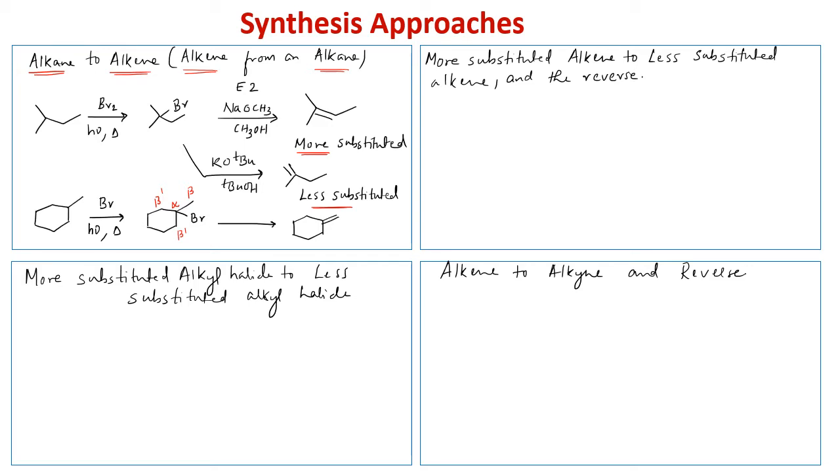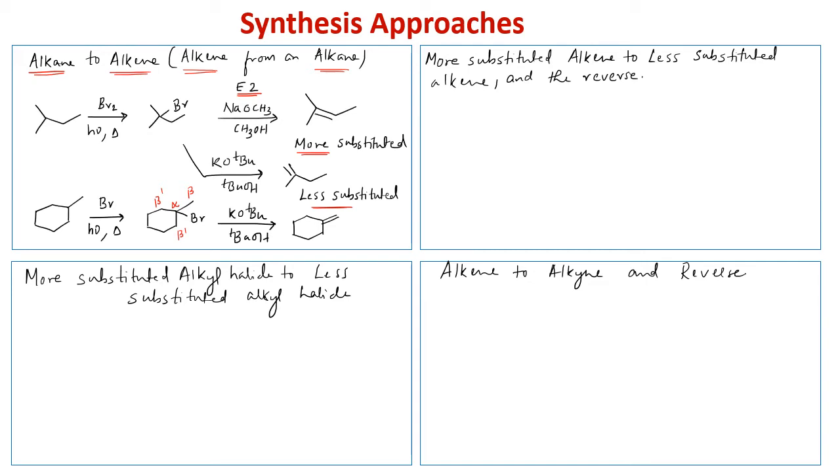So to complete this synthesis, I'm going to use a bulky base, potassium t-butoxide, because that would give me that alkene as the product. Again, to always go from an alkane to an alkene, you convert the alkane to an alkyl halide and then do an E2 reaction. That's the key: free radical halogenation followed by an elimination will give you an alkene from an alkane.